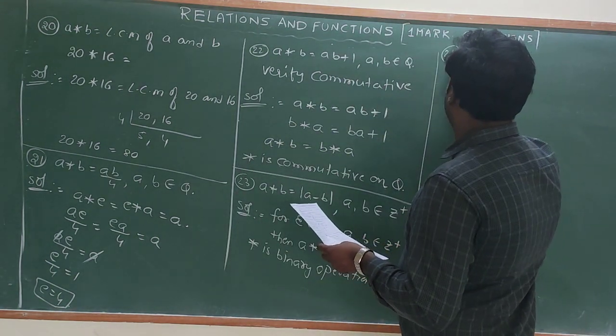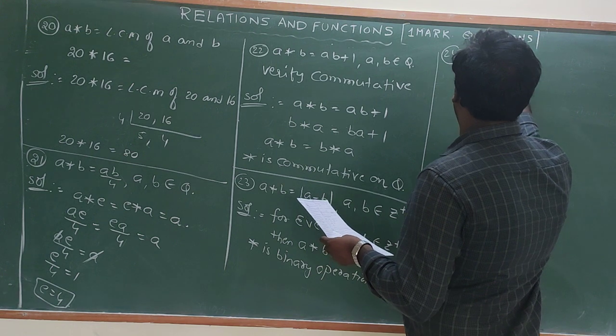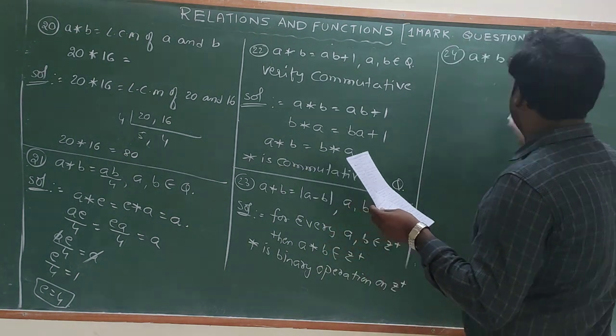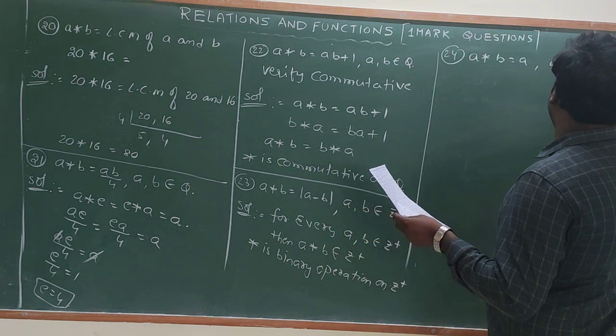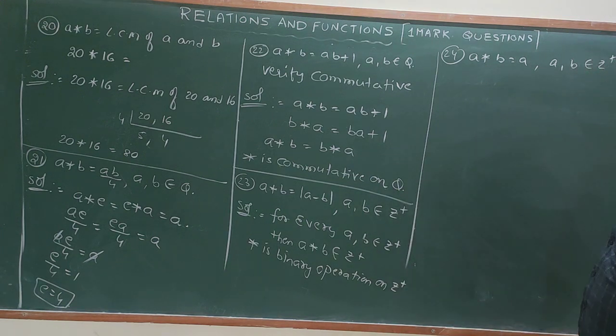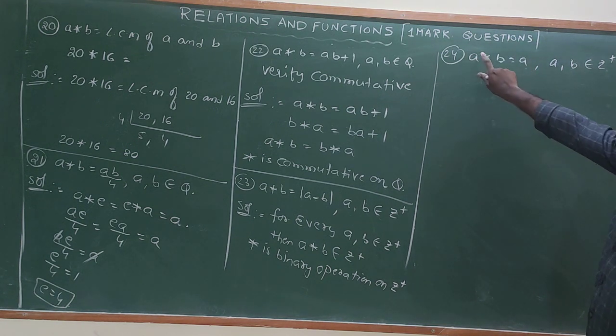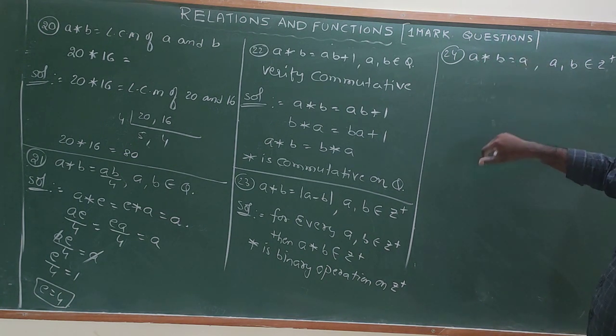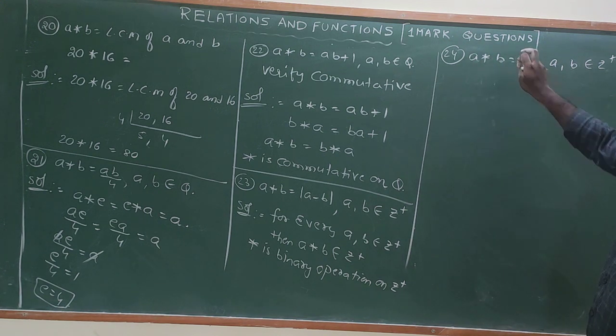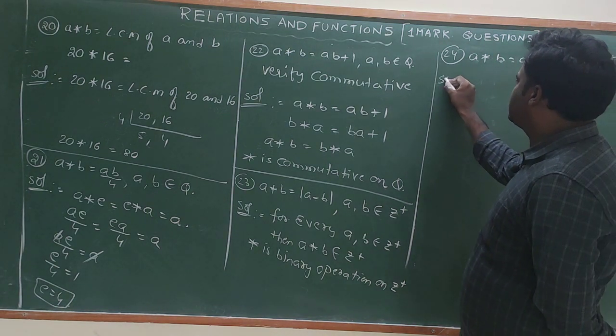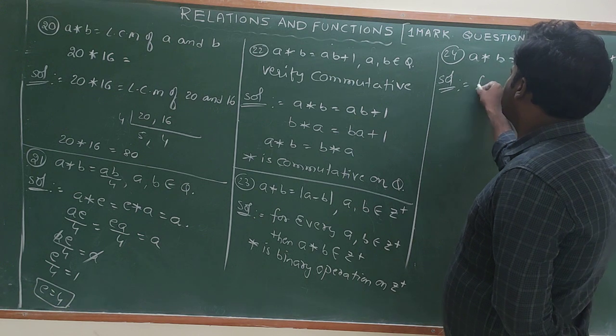Next, 24. A star B equals, A comma B belongs to Z plus. So here Z plus means what? Positive numbers. If you take 2, 3, answer 2. 3, 4, answer 3. 4, 5, answer 4. So it is satisfying for all positive integers.